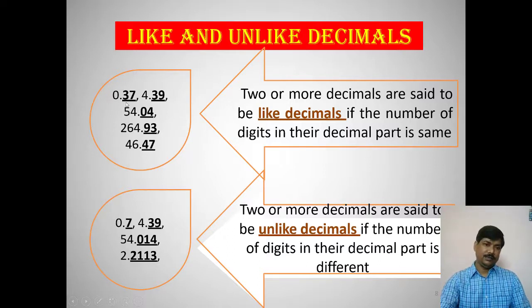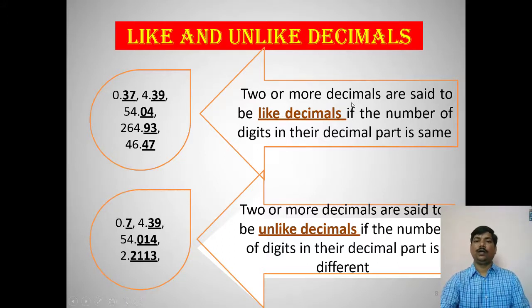In these numbers, we see that after the decimal point, the bold underlined part has 2 digits each. All these decimal numbers are written up to 2 places. So all those decimals written up to the same number of places are like decimals.